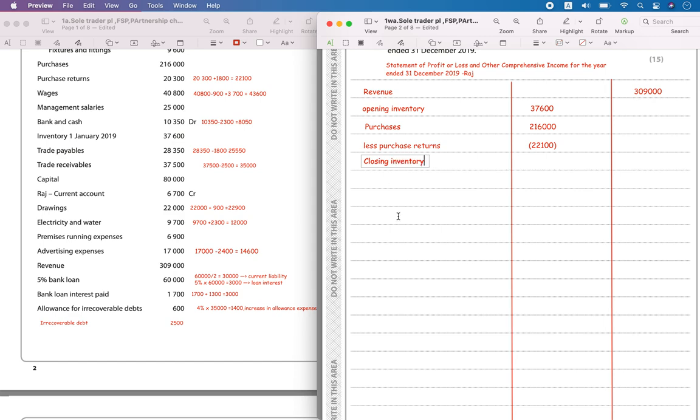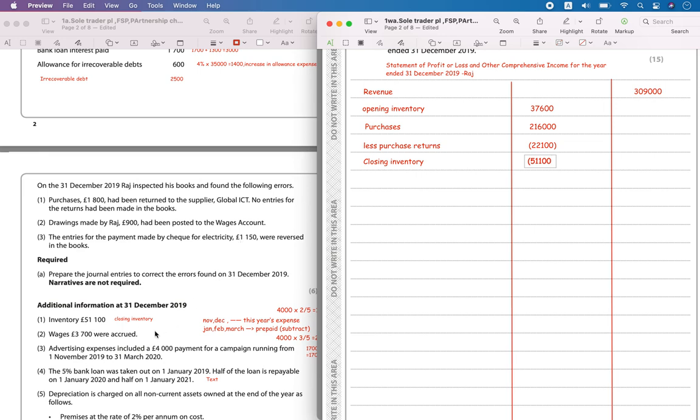And then we have closing inventory, which is given in the additional information. The closing inventory was around 51,100.